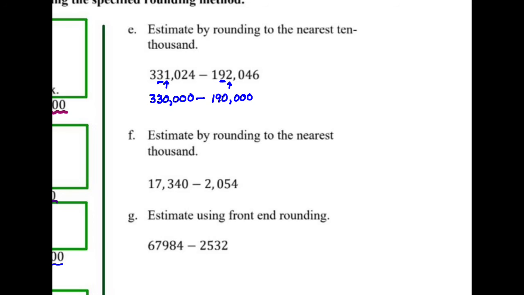Okay, so now I'm going to do like we did on a previous problem. I'm just going to do 330 minus 190 and leave all those extra zeros off. Okay, and while I'm at it, I can still cancel those. So I have 4 zeros that I've dropped off. So 33 minus 19.